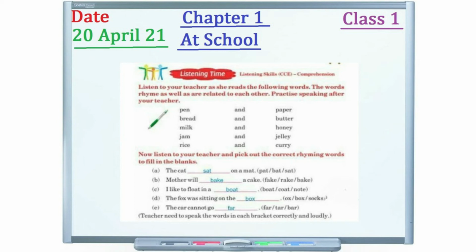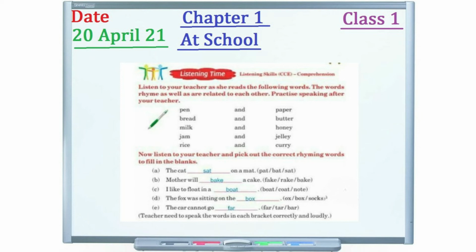Now your next exercise is, listen to your teacher and pick out the correct rhyming words to fill in the blanks. The cat sat on a mat. SAT sat. Mother will bake a cake. BAKE bake a cake.